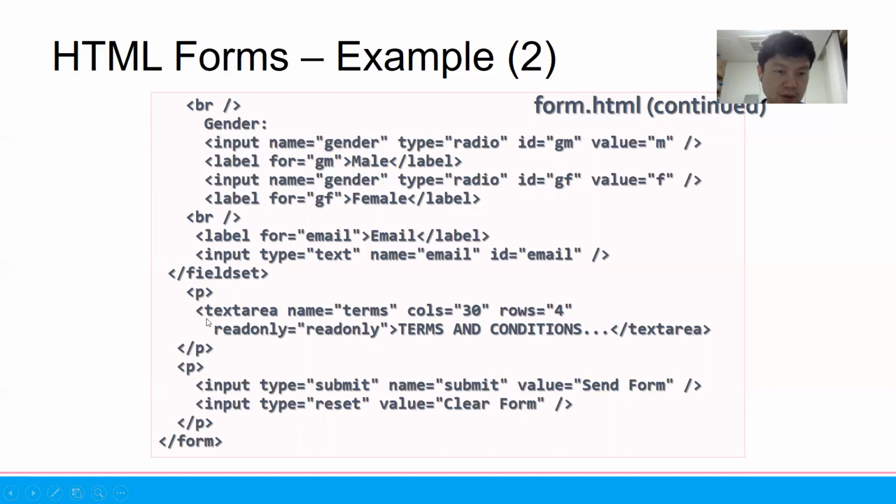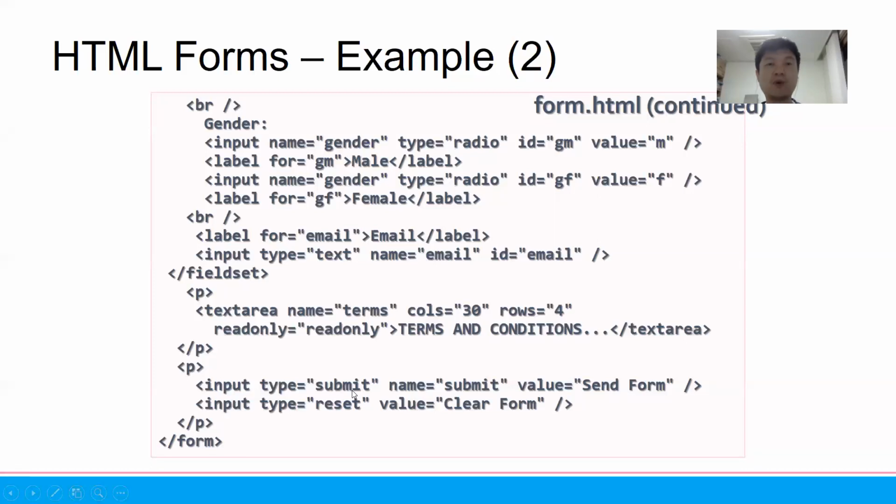After the field set, you have the text area. Okay, the text area is named terms and has columns 30, rows 4. So it means you have 30 columns and there are 4 rows. It is read only, so you can read but you cannot type, or you cannot change the content. There is another type of input which is submit and reset.